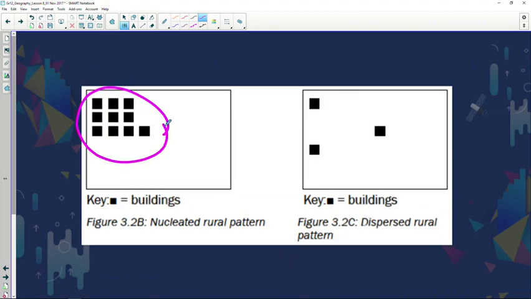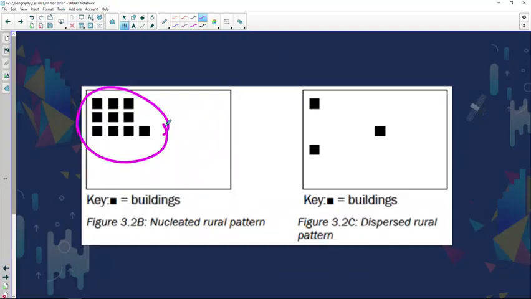Now, there's a couple of reasons why some rural settlements are nucleated and some are dispersed from one another. If you look at nucleated rural patterns, many farmers these days do it for safety concerns. Obviously sometimes it's not as safe on the farms anymore, so the farmers rather live closer to one another.